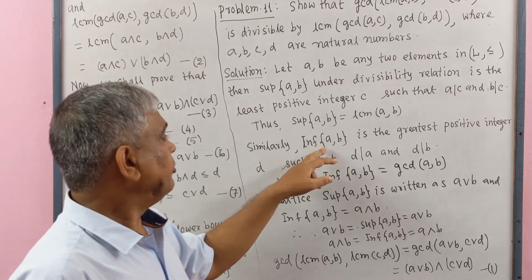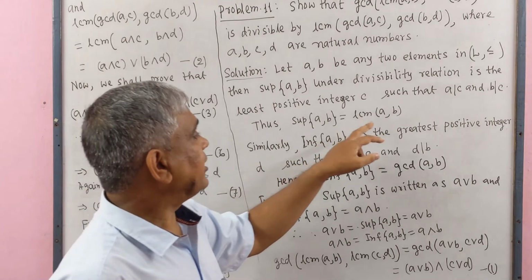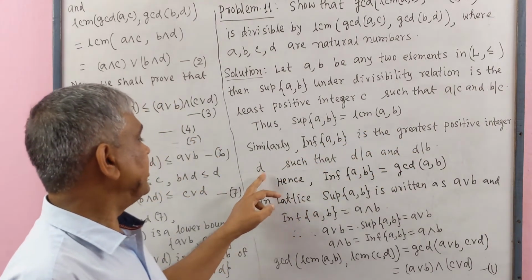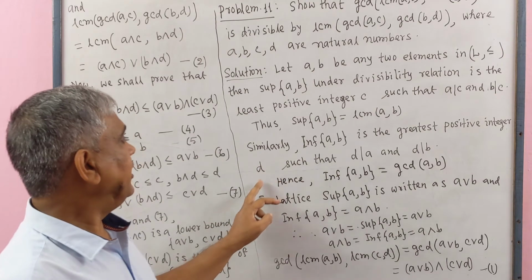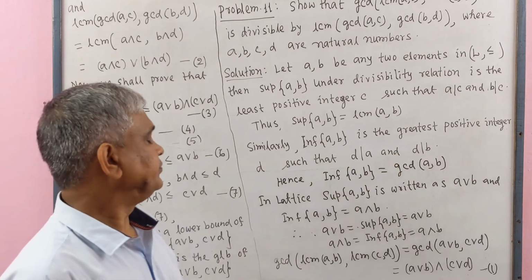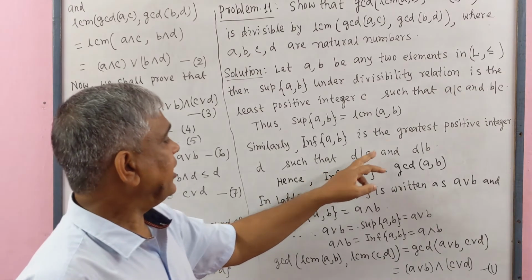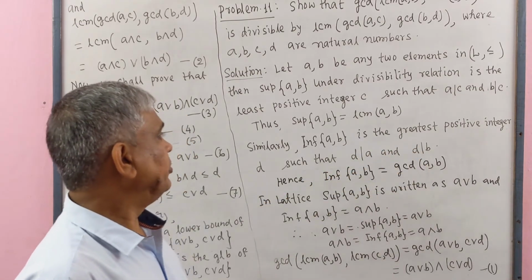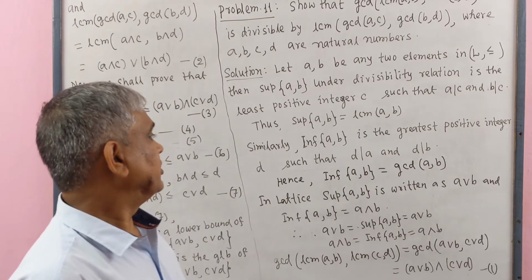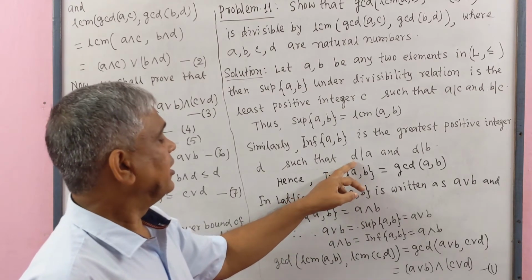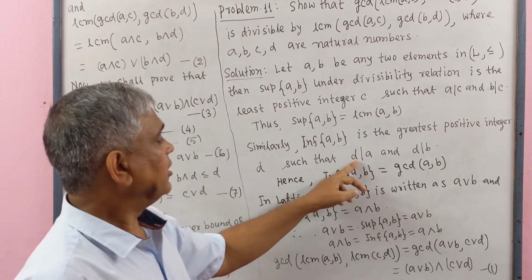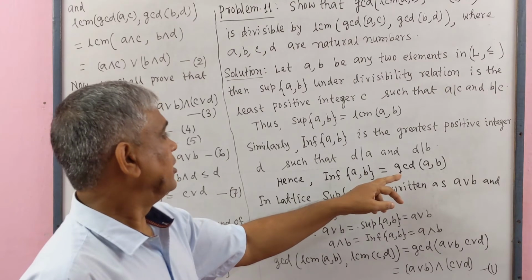Similarly, the infimum of AB is the greatest positive integer D such that D divides A and D divides B. This greatest positive integer D is the GCD.